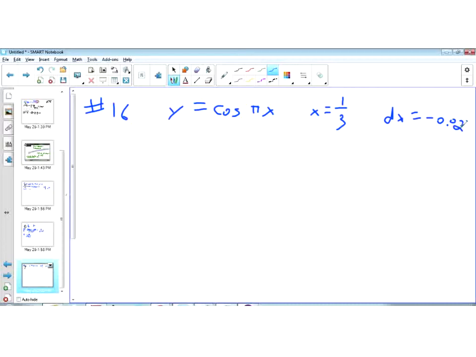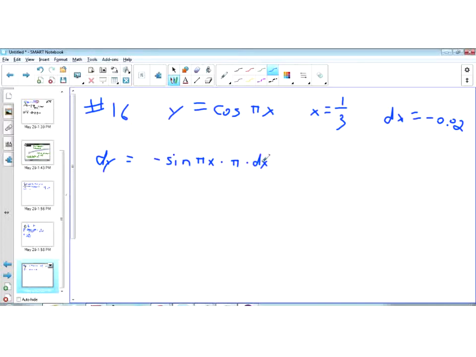The question asks, find the differential dy. So we can find the differential dy. We have to use the chain rule here, so dy is equal to minus sine pi x times pi times the differential of x.